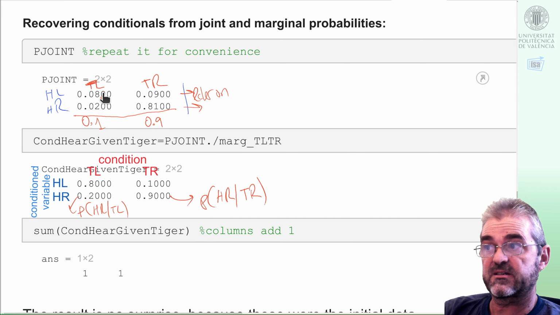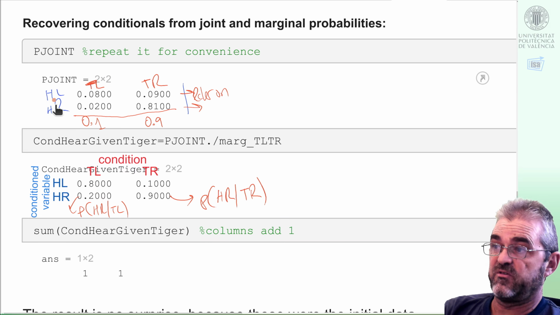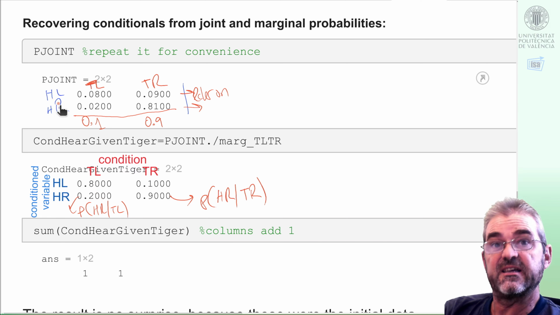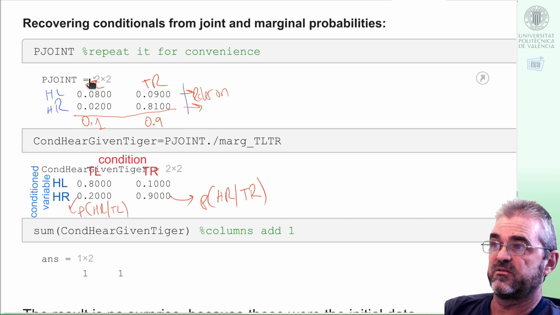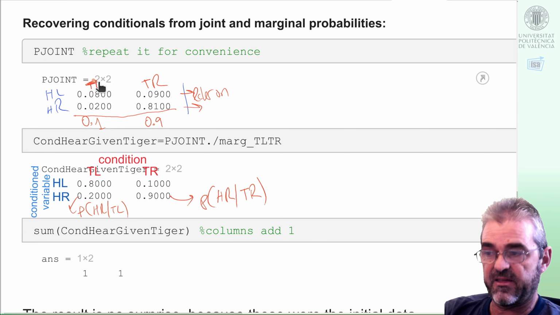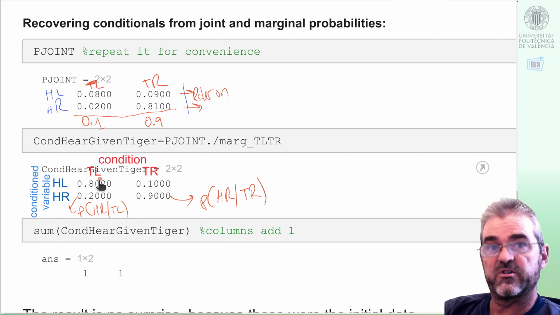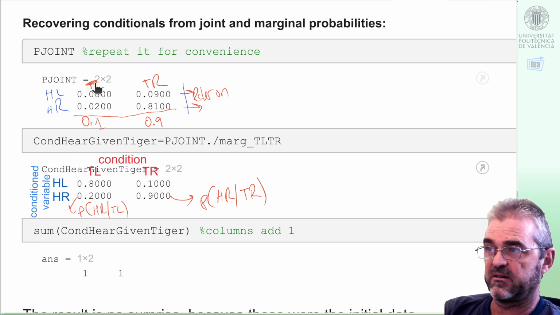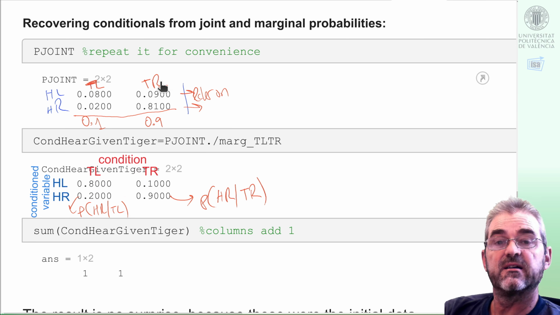So this column divided by its sum is the conditional. Each of the elements has the units of hearing, and the condition is the label of the column I am adding. So these are conditional probabilities conditioned on tiger left, and when I operate on the second column, then the condition is tiger right.